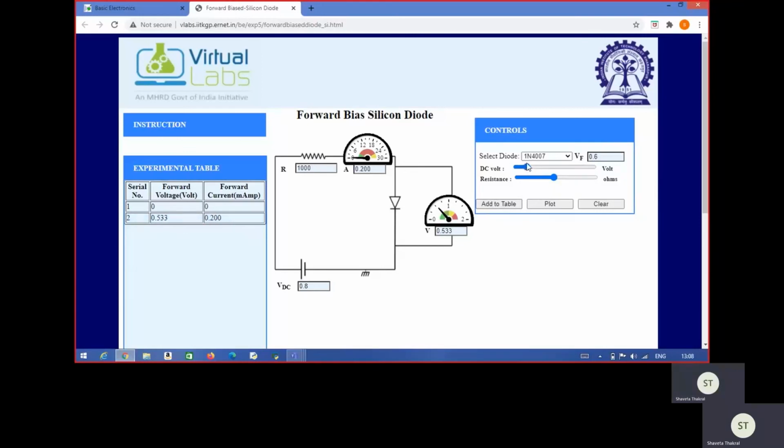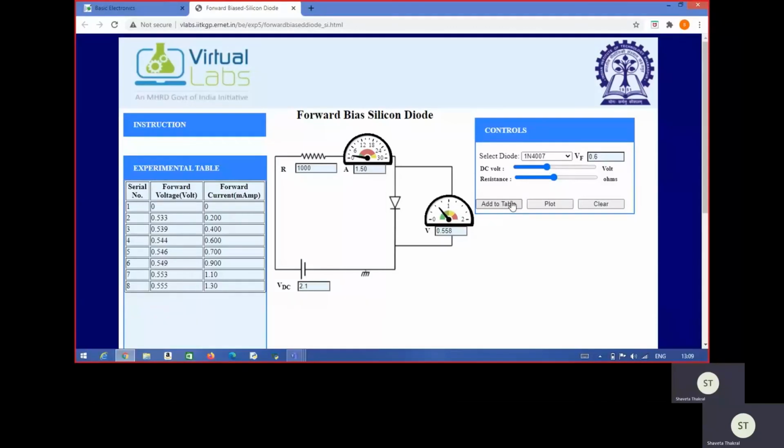Then after that we can increase it further and add it to the table and keep on noting down all the values of the forward bias voltage and the forward current like this. So I am changing the value of applied DC voltage, and based on that there is the change in the forward voltage and the forward current, and we will add it to the experimental table.